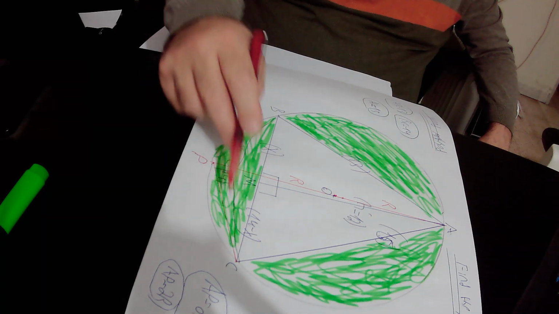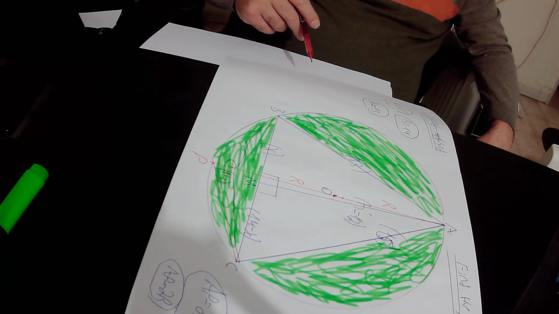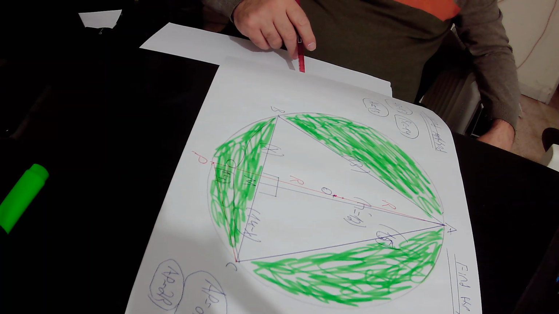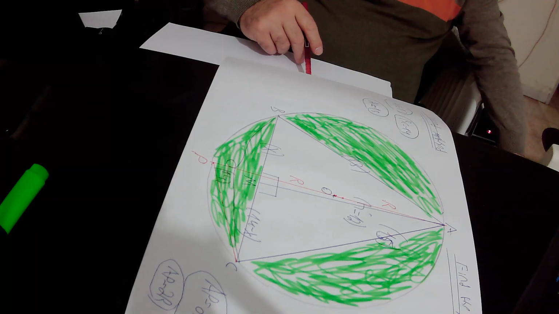This peripheral angle ACP rests on chord AP, that is the diameter of the circle. And we have rule number 7, which says that any peripheral angle that rests on the diameter of the circle must be equal to 90 degrees.